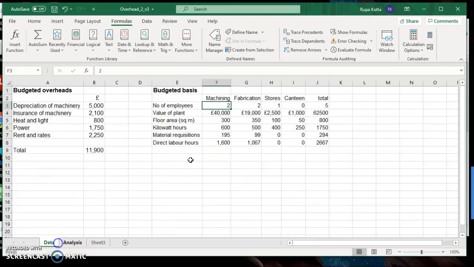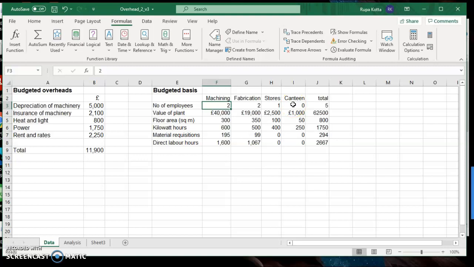So what you need to do is use an if to see if there is a value in these cells. So 2 employees, yes, you need to reapportion. 2 employees, yes, reapportion. 1 employee, yes, reapportion. But in canteen we have 0 employees. That means we don't need to reapportion anything here because there are no employees working in that.